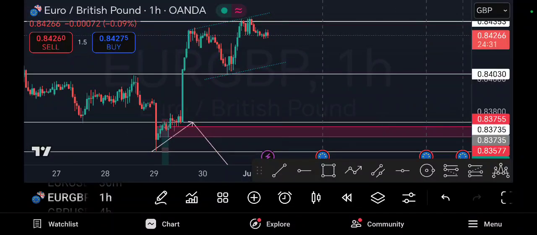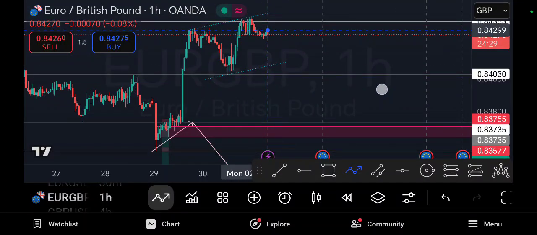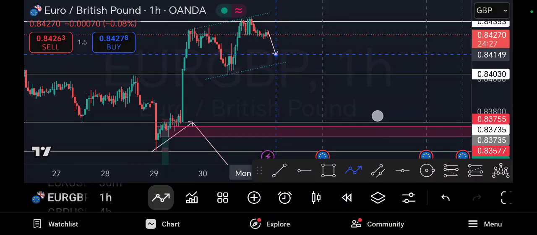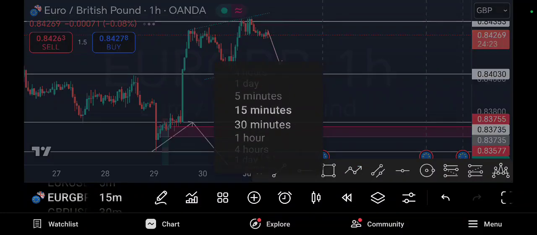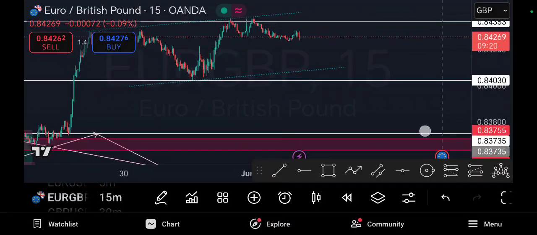Euro GBP is giving us this. It's selling. It's a selling market. That's what we're going to be looking at for this week.